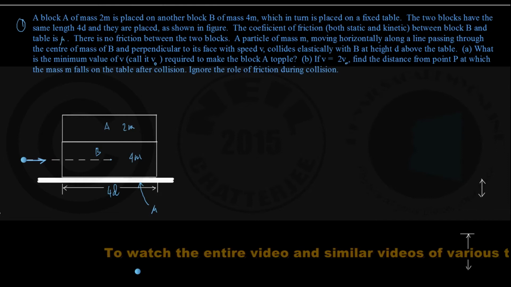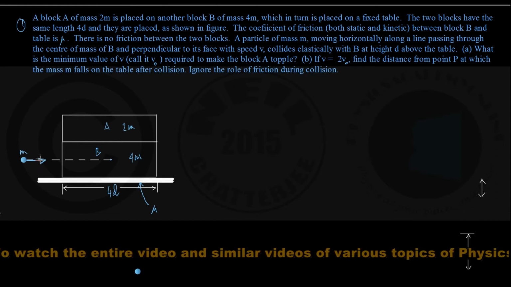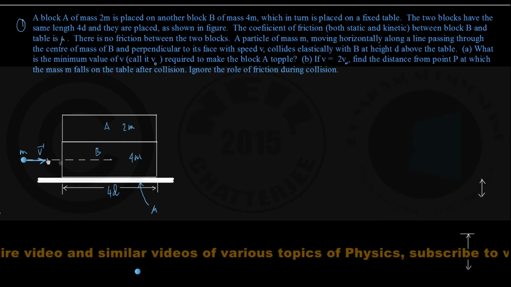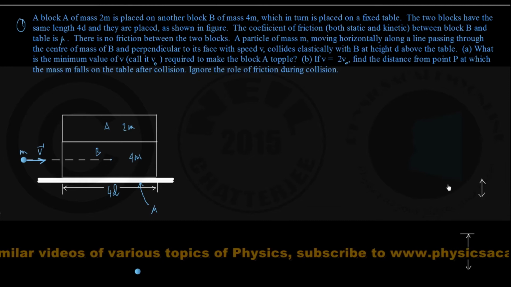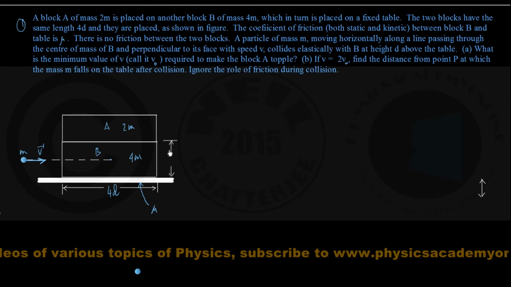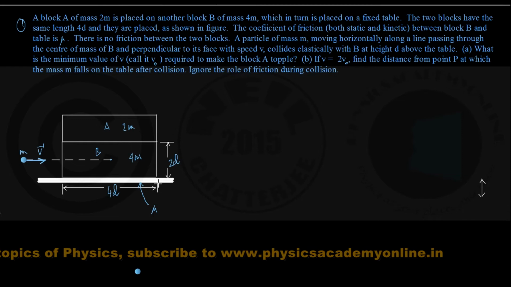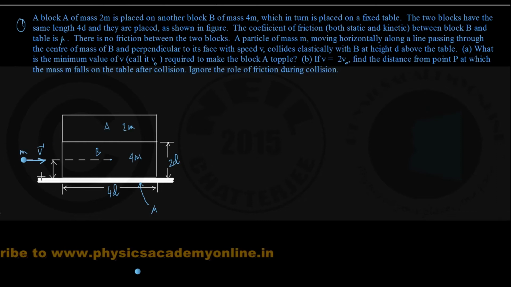They are telling here the mass of this particle is small m and its velocity vector is v to the right, and since it's moving along a line that is passing through the center of mass of this block B, we conclude that, well, they have already given that block B has a height of 2d, and therefore the line of approach of the particle of mass m above the tabletop, that height will be d only, isn't it? Because this dashed line of approach is passing through the center of mass of the block B.